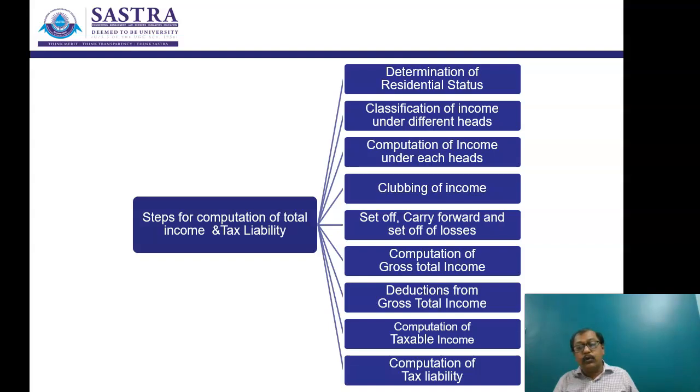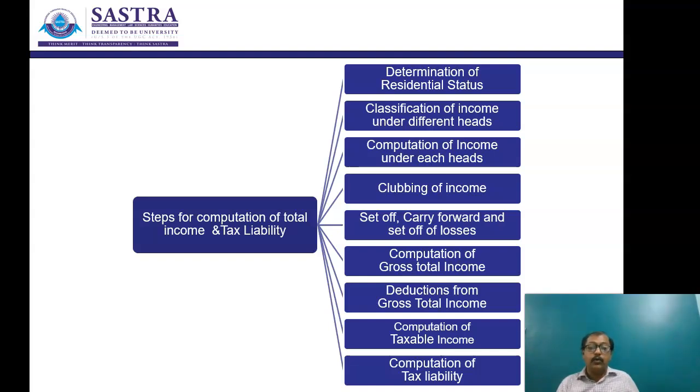Then compute your total gross income or gross total income. From there, if at all an individual is eligible, they can go for deductions from the gross total income. And then computation of taxable income will be enforced.